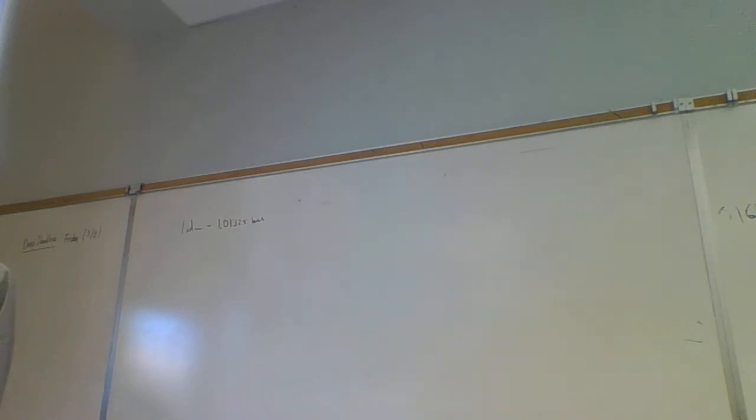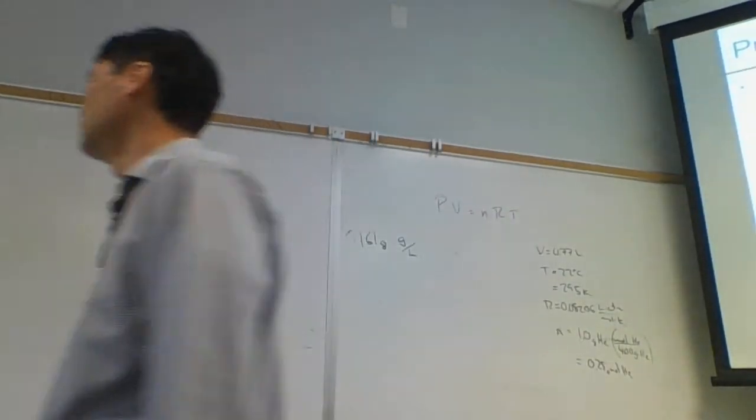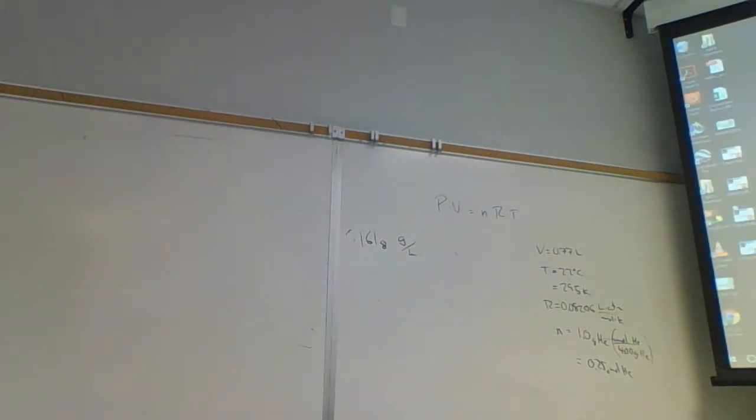But you don't have to memorize this. This would be given. I don't expect anybody to memorize this unless you've had a lot of physics, then you'd probably remember it if you've done a lot of calculations. So that's where that conversion came from.